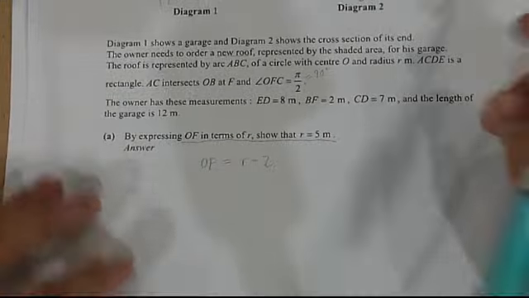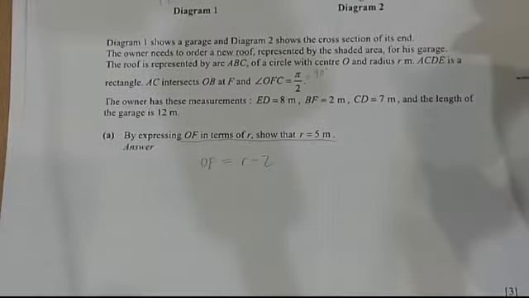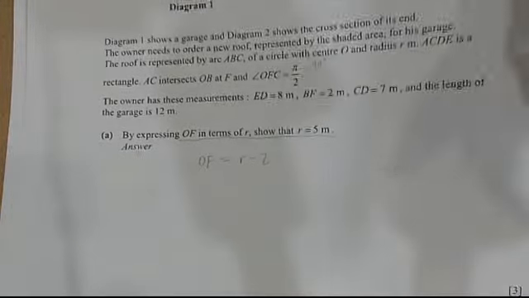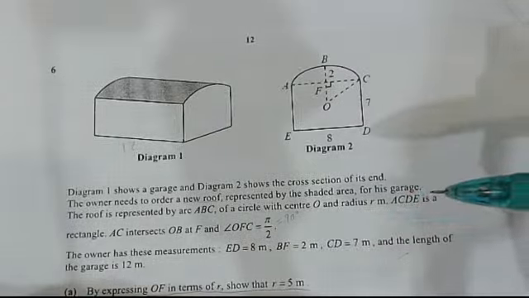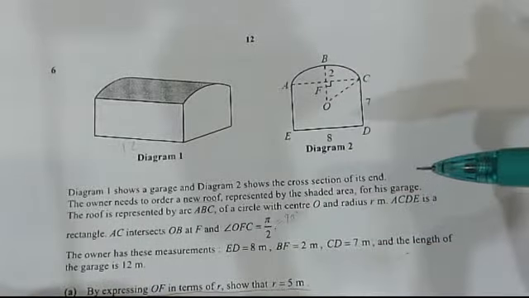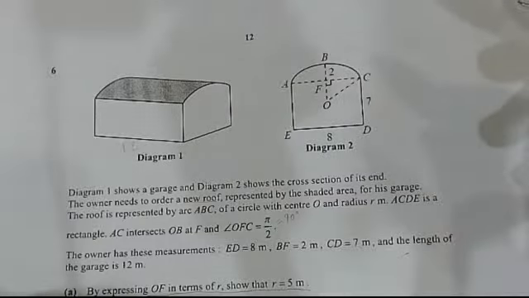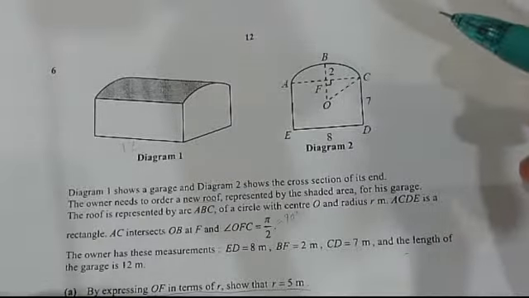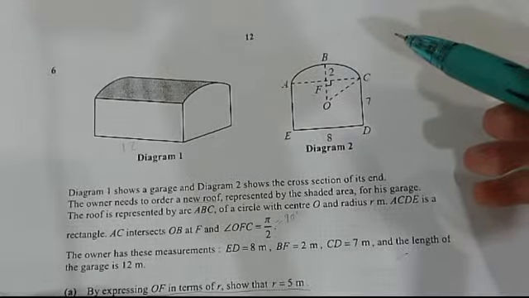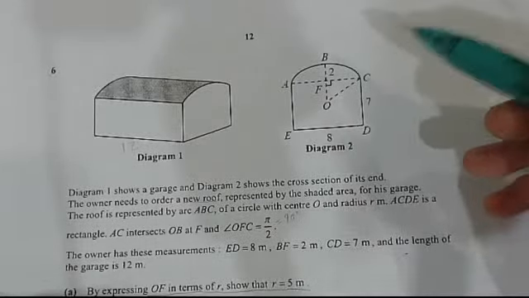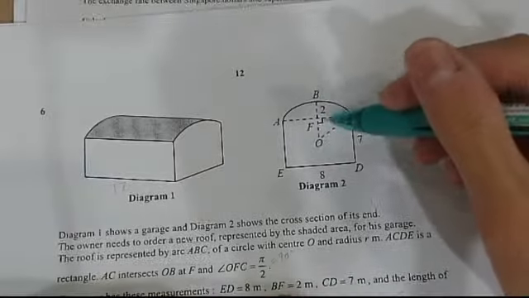I'm gonna continue this question. So show that R is 5. So what do we have? I'm assuming we need to use these ratios. Wait, that's not ratios. Oh, this is a right triangle.